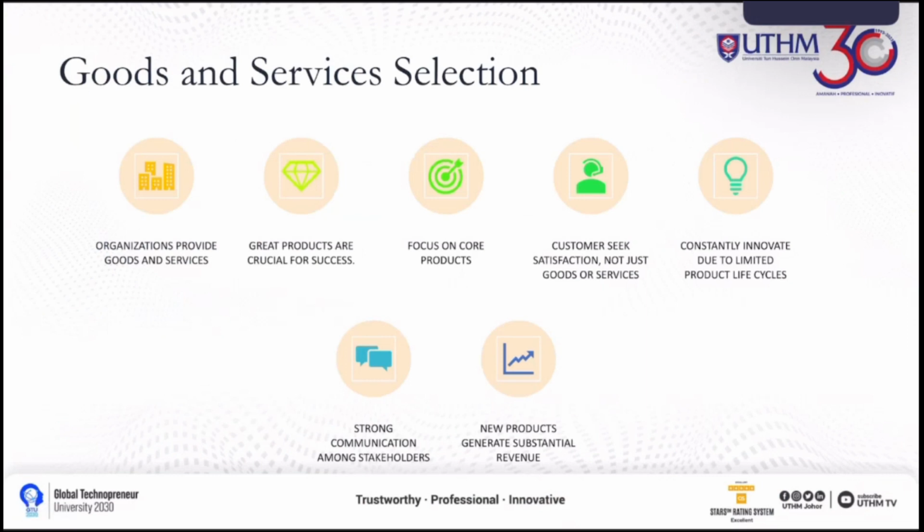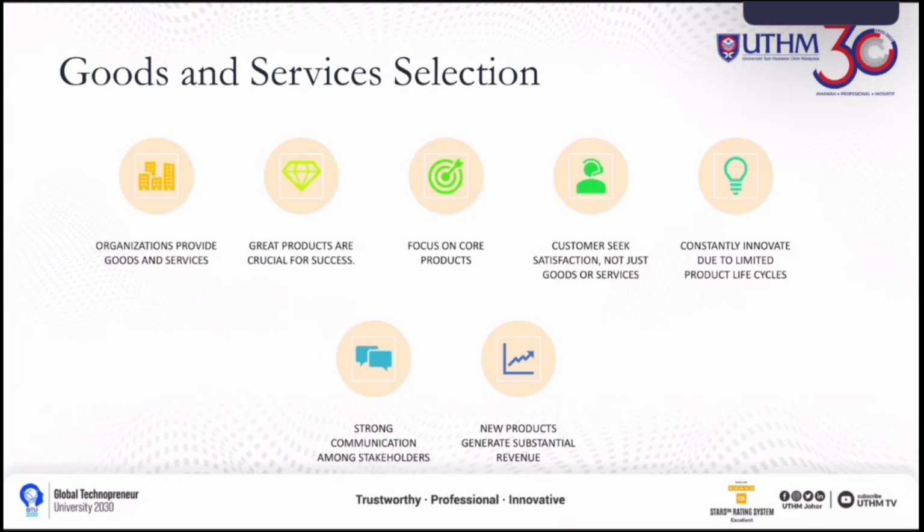Then these are the goods and services selections. Under these categories, there are principles of core aspects for running a successful organization. The focus on delivering value to society through excellent products, core product concentration, customer satisfaction, and alignment with the strategy can contribute significantly to an organization's long-term success.